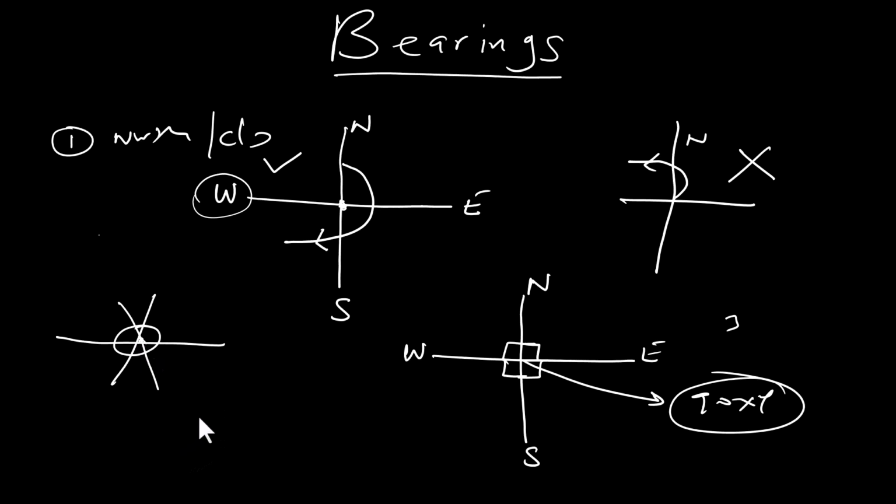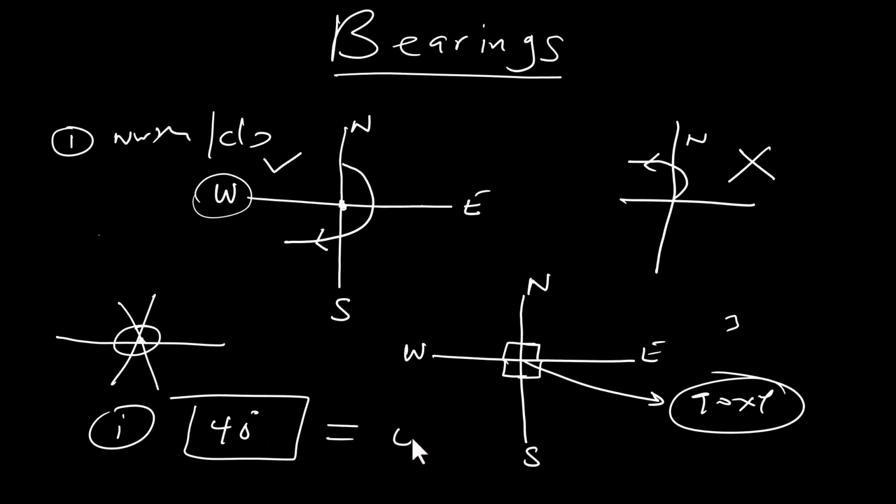We can also talk about the representation of the angles. In case you are solving a question like this and you get something like 40 degrees, remember the angles are supposed to be in three digits, so your 40 will be 040 degrees.